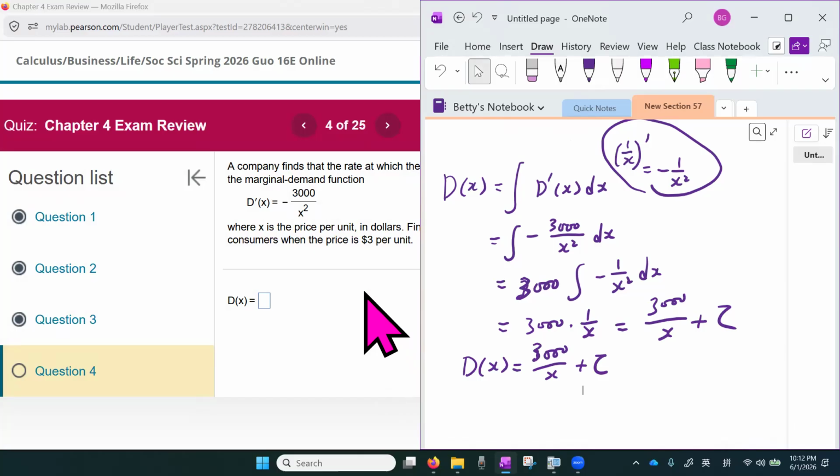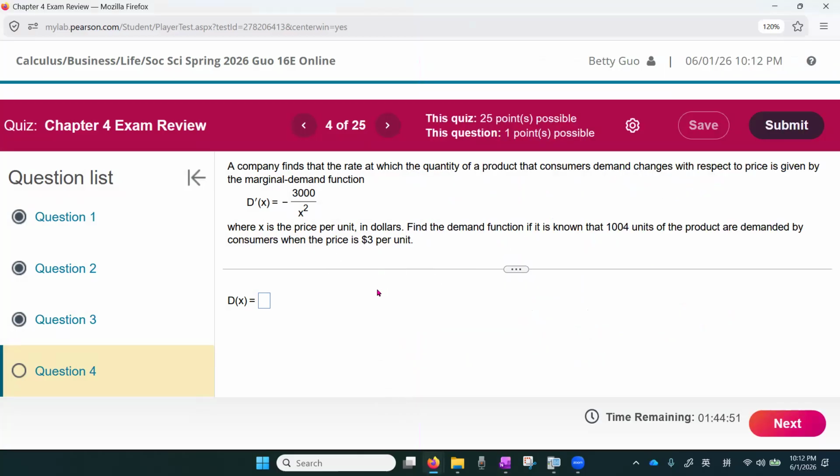How do we know the value of C? We have extra information from the problem. The problem says when x is 3, where x is the price per unit, the demand is 1,004.